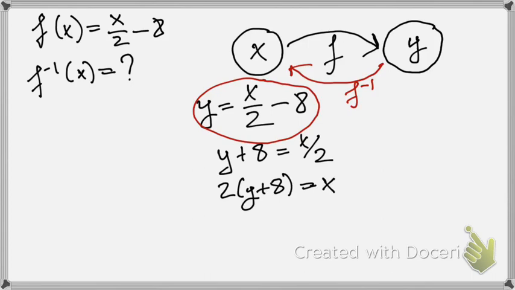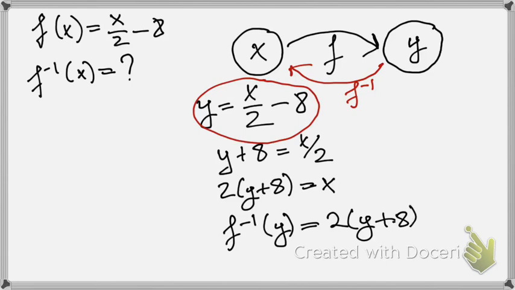So we achieved the goal of solving the expression for x. But now what it means is that the inverse function, which takes y as an input and produces x as an output, is given by this expression.